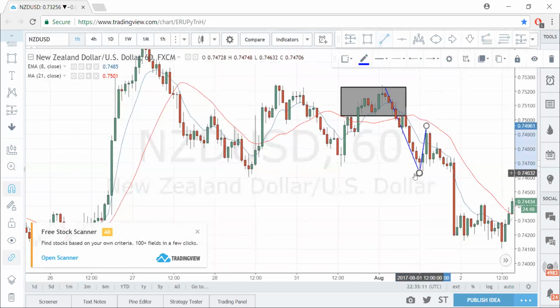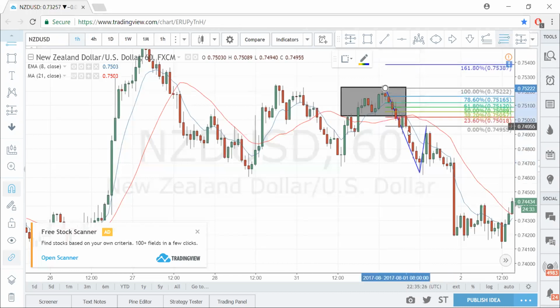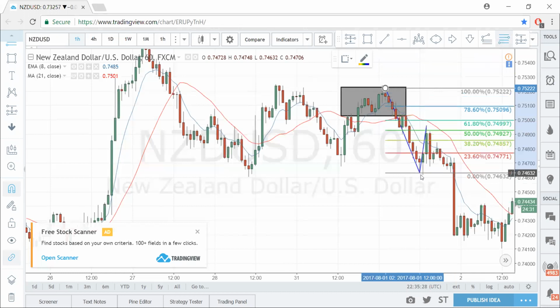Now, with this move being established, you know that this is your starting point, this is your initial structure low, this is your outside return, right? Your outside return will always happen if you know your Fibonacci retracement. So if I do this, it will clearly show me where market stopped at. Market stopped right at 50, my Fib retracement of 50.